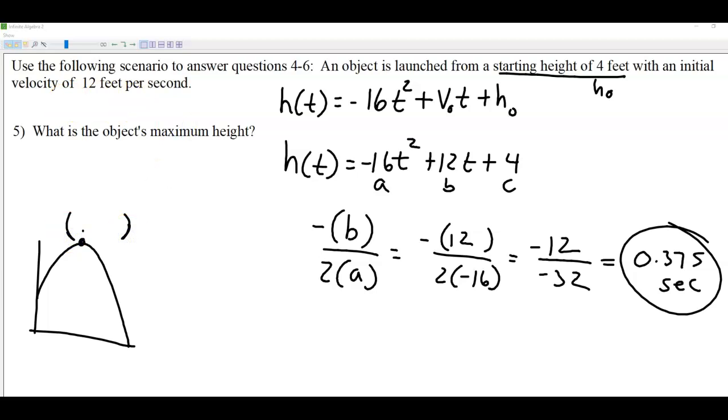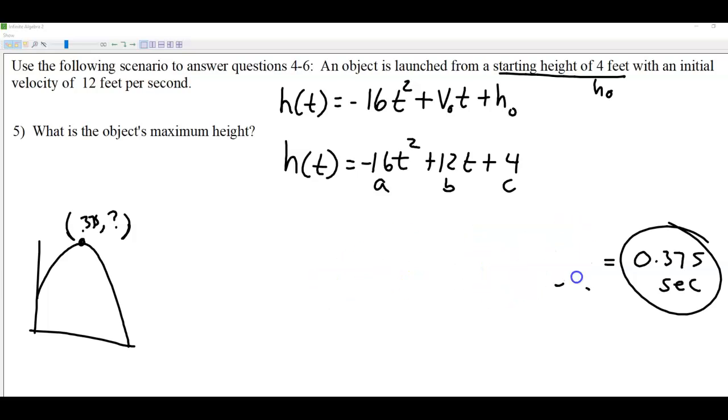So we just found out that it takes 0.375 seconds to reach the maximum height, but now what is the maximum height? That's the y value. So to find that, all we're going to do is plug our answer, 0.375, into this formula here, which is a formula that tells us what the height of the object is at any given point in time.